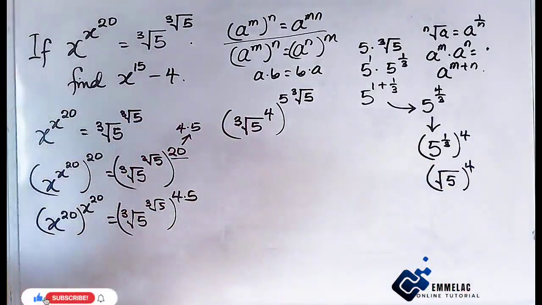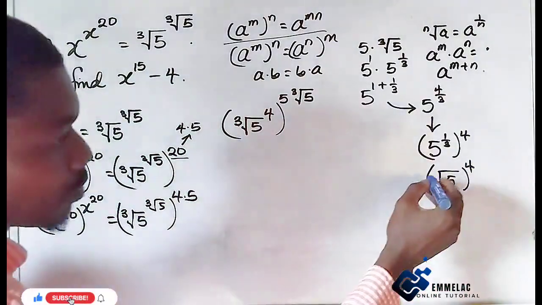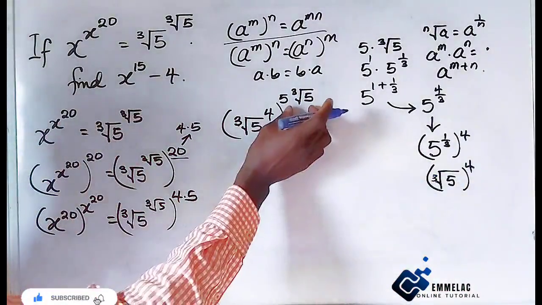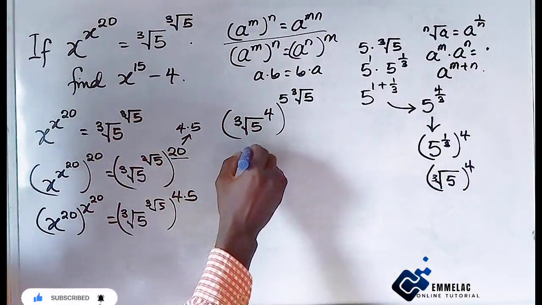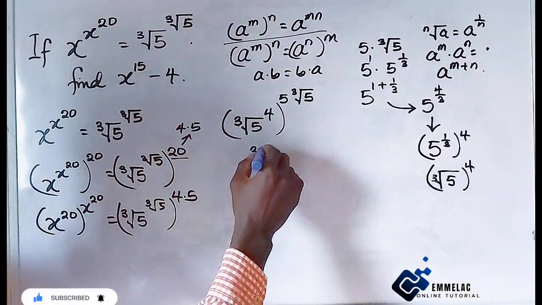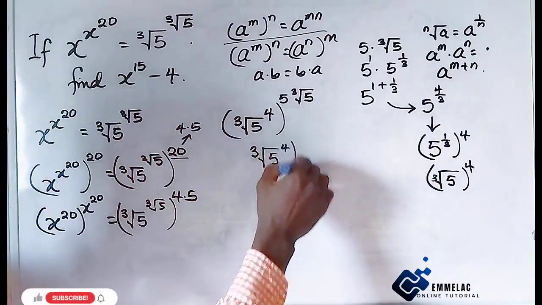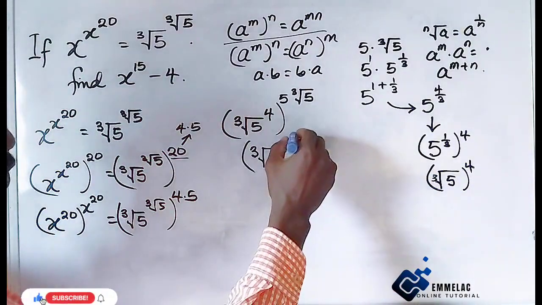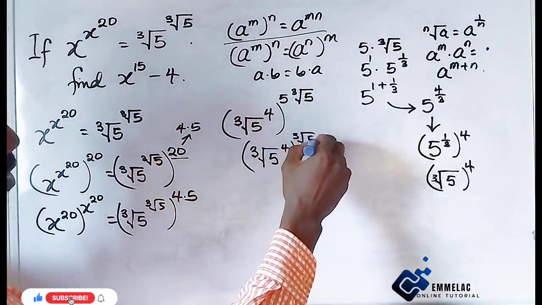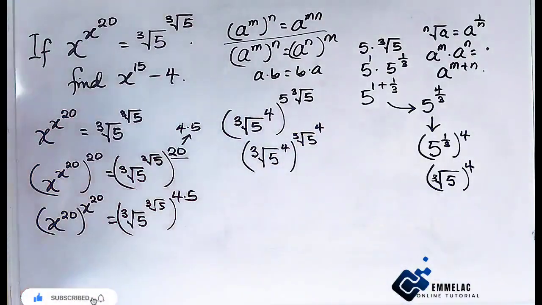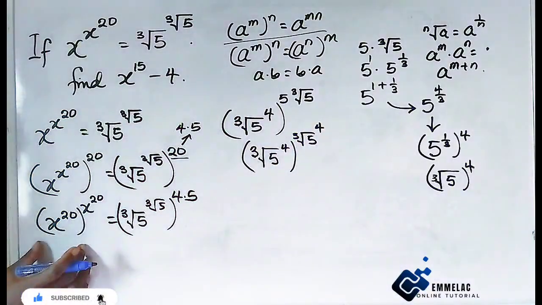So we can now resolve this power to become the cube root of 5 raised to the power of 4. You can see we now have the same pattern.